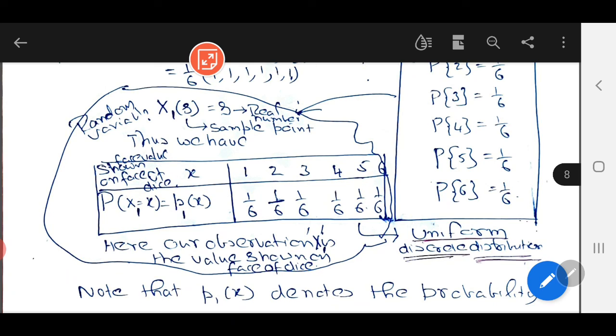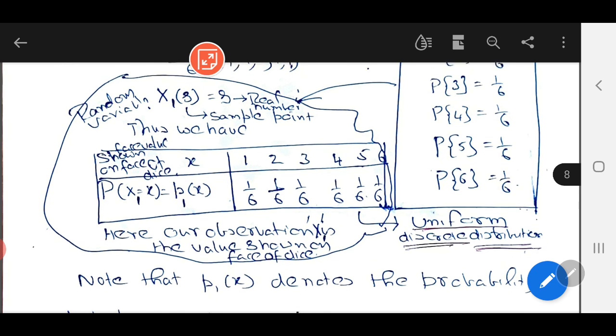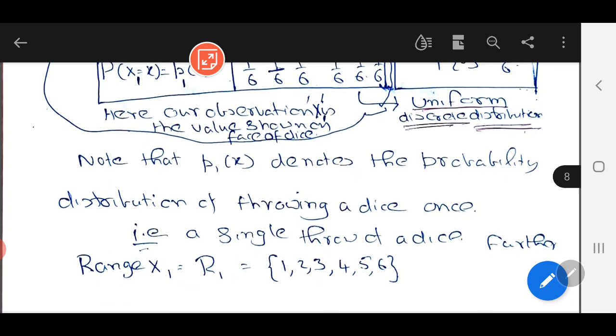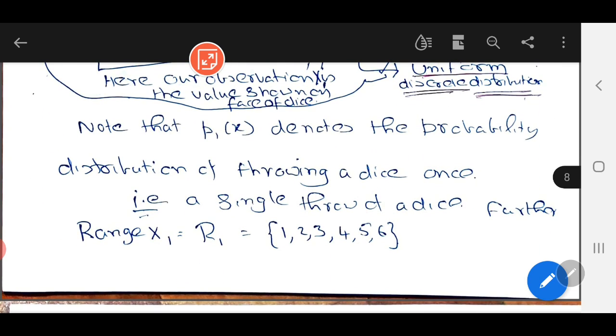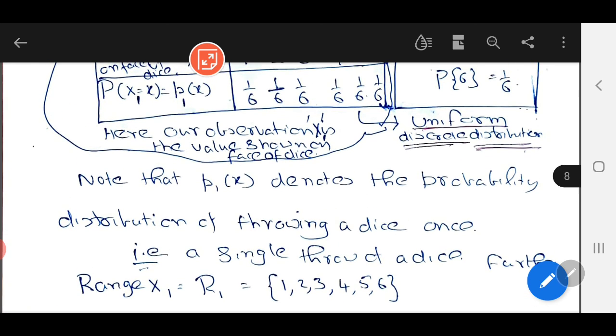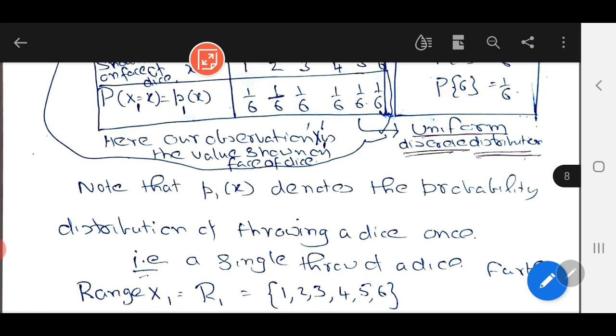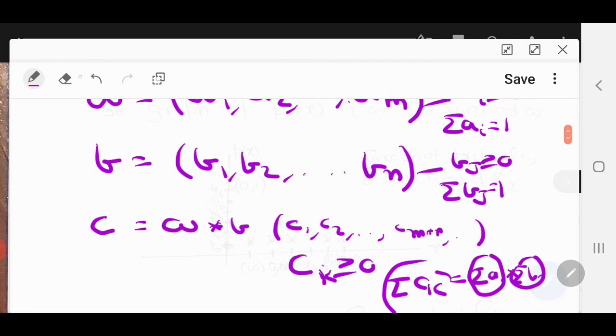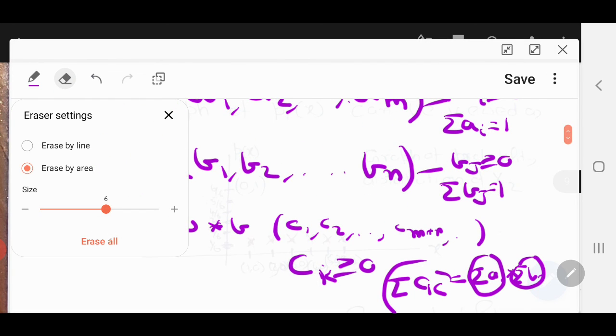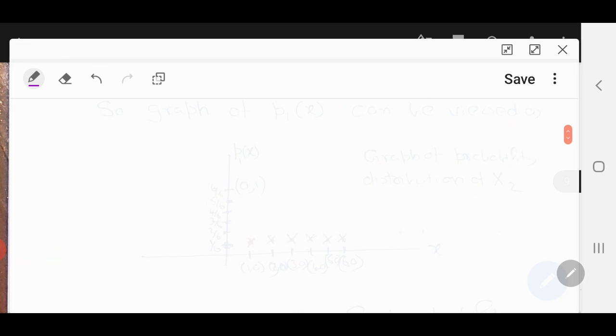From the outcome we make observations. So this distribution is a uniform distribution because we have equally likely probabilities. Now the range of this random variable is 1, 2, 3, 4, 5, 6, and the distribution graph I have given is uniform. See, it is a flat curve. I am talking about flat in the sense.